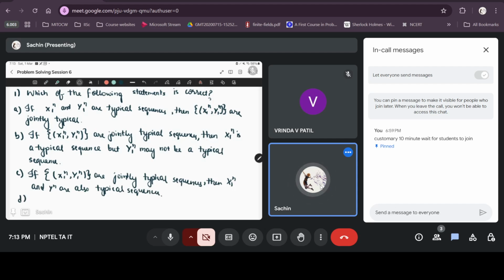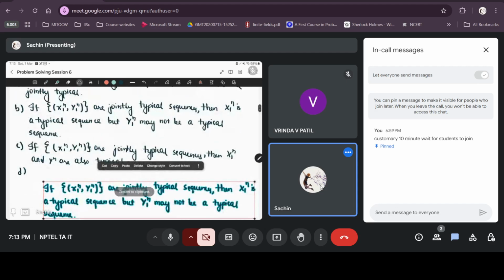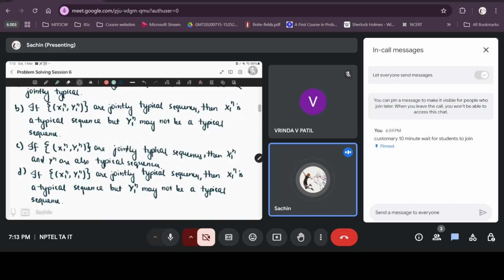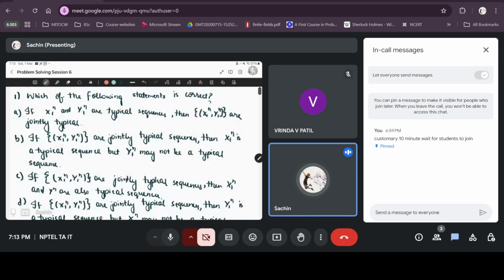Option D is similar to option B, except that it says if Xn and Yn are jointly typical sequences, then Yn is a typical sequence, but Xn is not a typical sequence. Which of these statements is a correct statement?